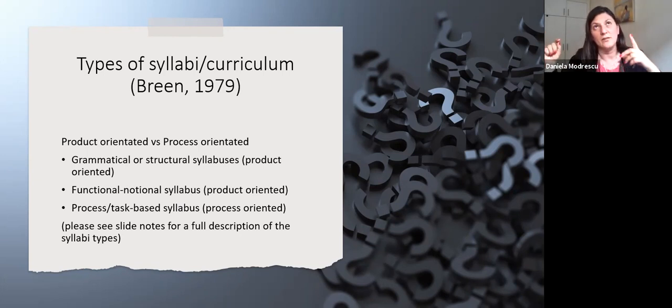I believe that the assumption about language learning in a process or task-based syllabus is that the action, the activity produces learning. Whereas in the previous two, it's the language, the content that, in the assumption of the curriculum designer, produces learning.